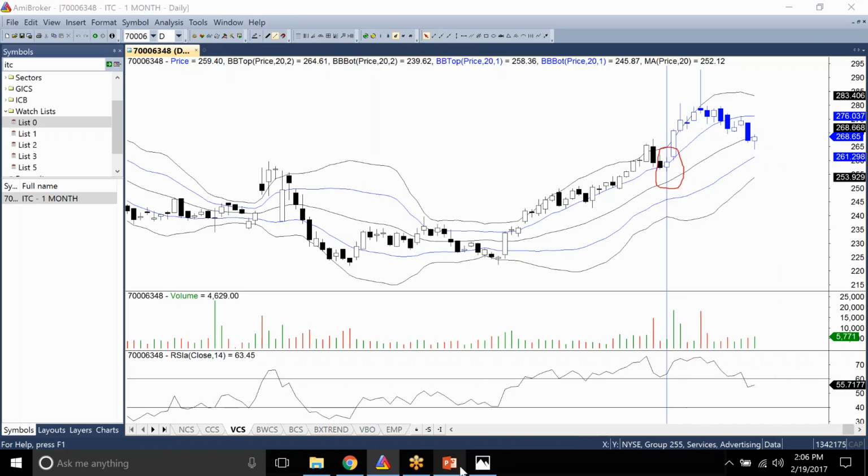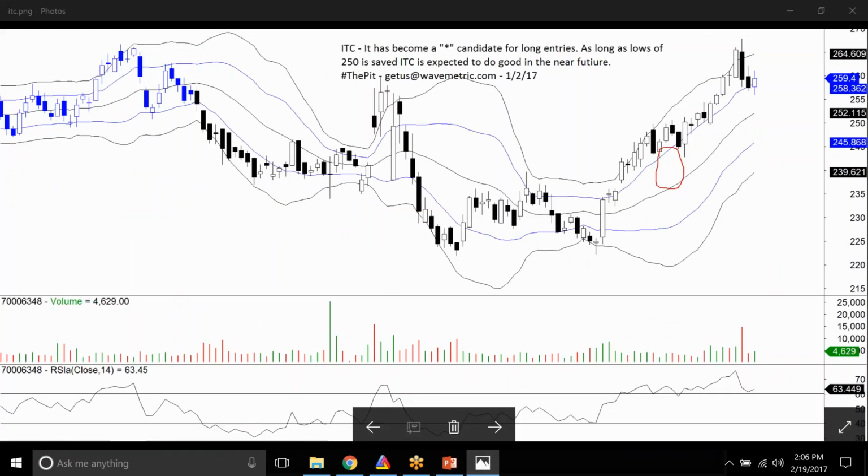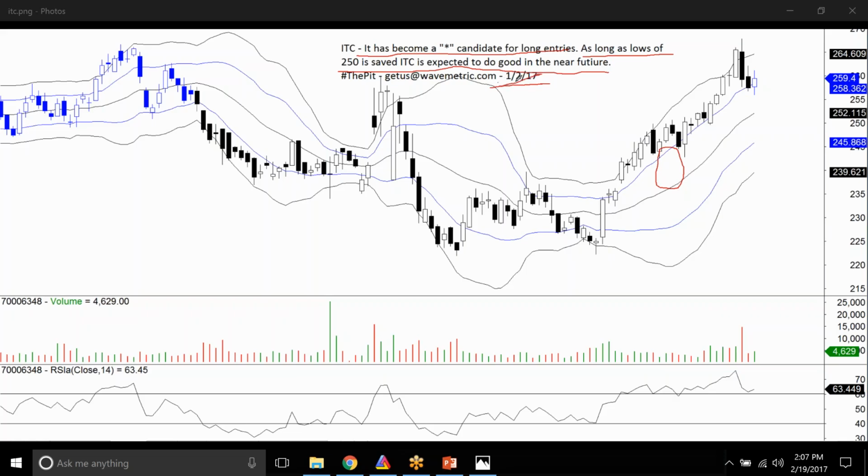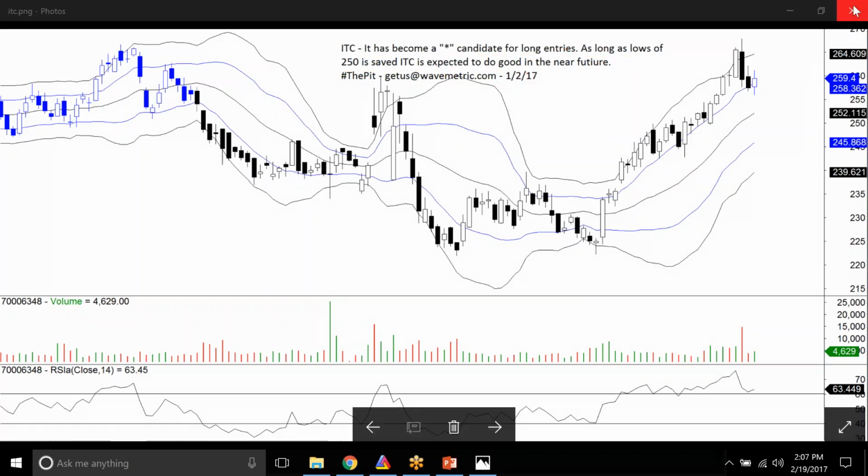And what I have written, if you can read it, is that ITC has become a star candidate for long entries. As of now, lows of 250 will save RSI, and RSI is expected to do good in the near future. This was on the 1st of February, that is on the budget day. And what happened after it, it is in front of you.